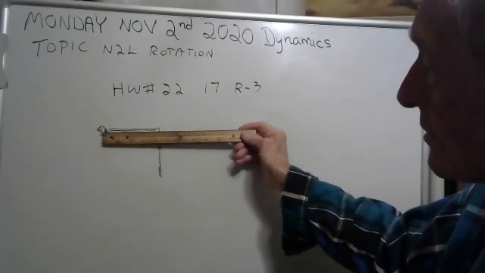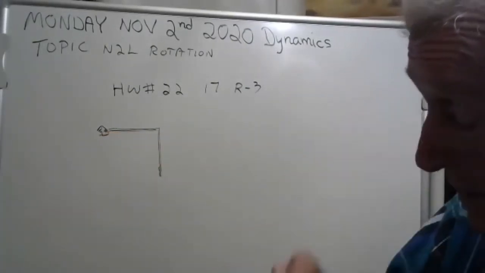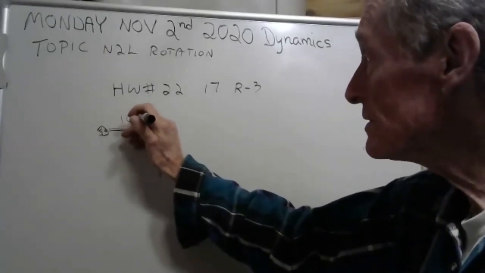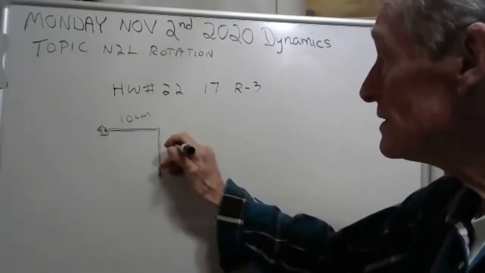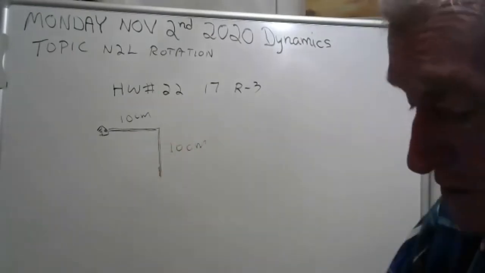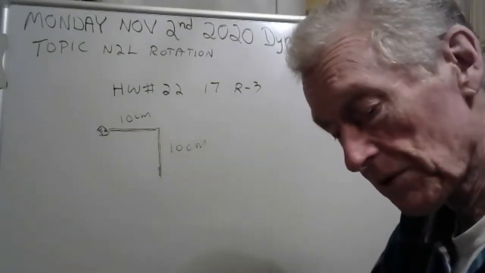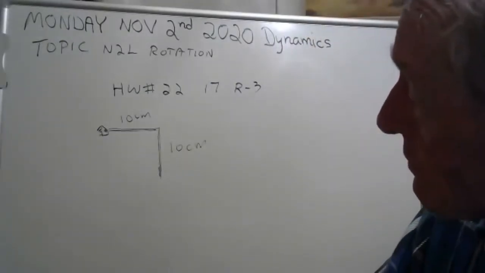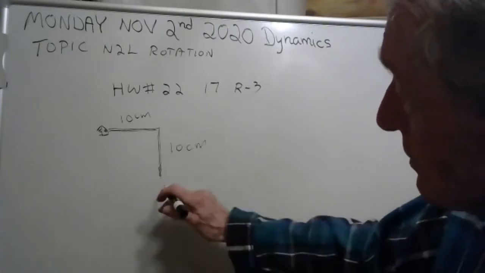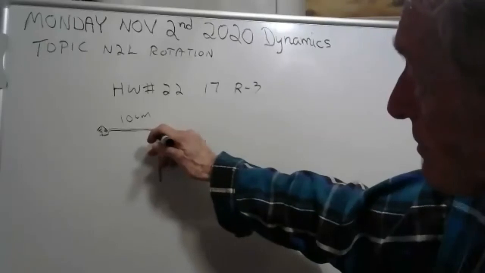It is about 10 centimeters, 10 centimeters, 10 centimeters. We'll assume it's of uniform mass per length. What would be the centroid of length for that bent rod? We'll assume this is a 90-degree angle here.